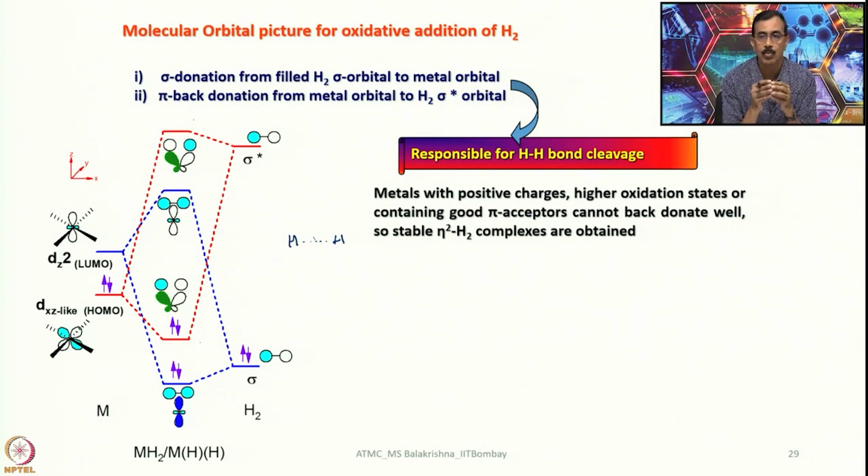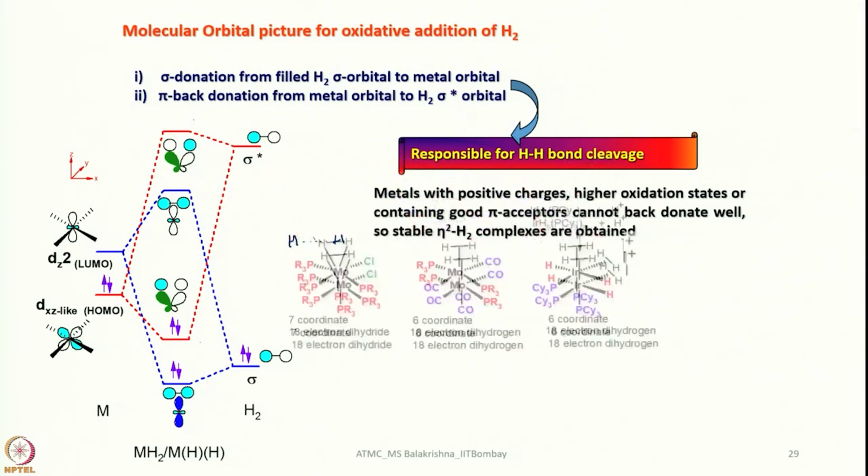In that case, the metal cannot back donate well to sigma star of hydrogen, so a stable eta 2 H2 complex can be generated. So it is at will: you can either stabilize H2 as a neutral molecule binding to the metal center, or you can split it to generate 2 anions, completing the oxidative addition reaction.